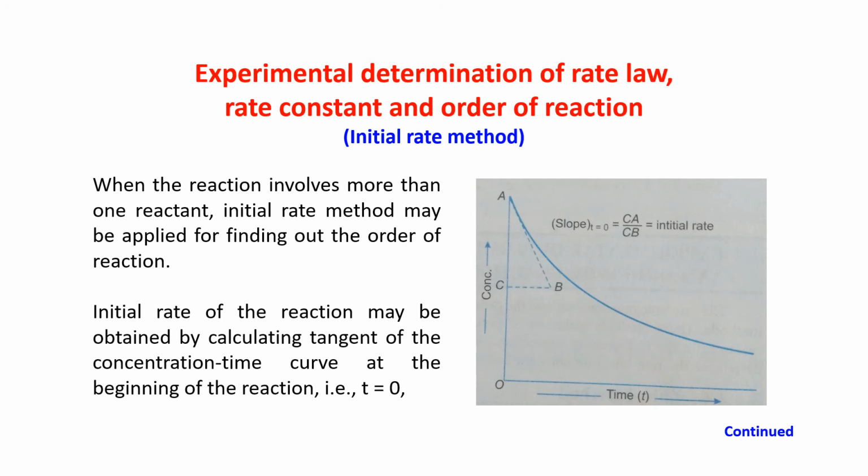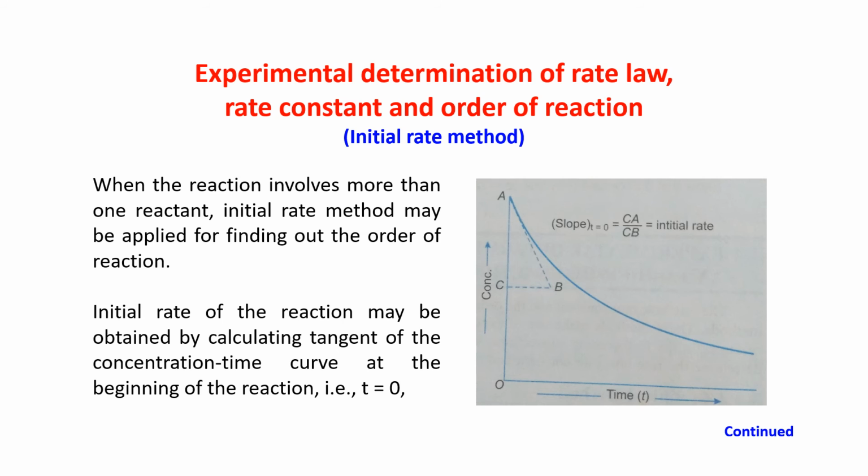Experimental determination of rate law, rate constant and order of reaction by initial rate method. Now children, this is not there in your portion. I am telling you just to increase your knowledge a little bit. See, when the concentration involves more than one reactant, I told you about the reaction when one reactant A is giving you product.